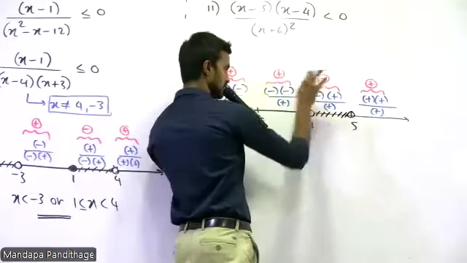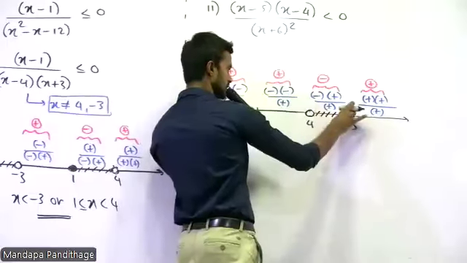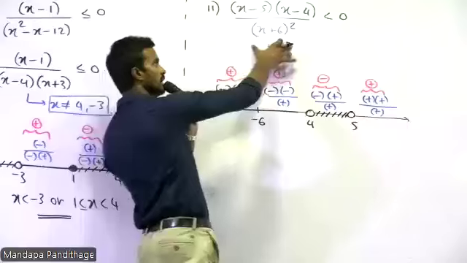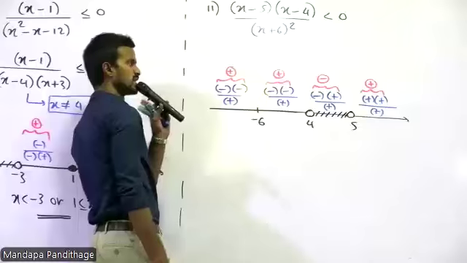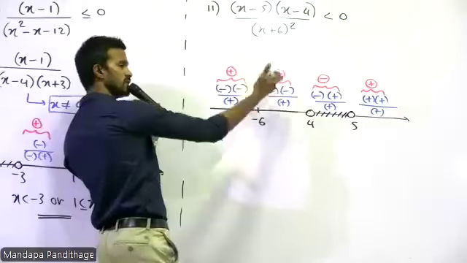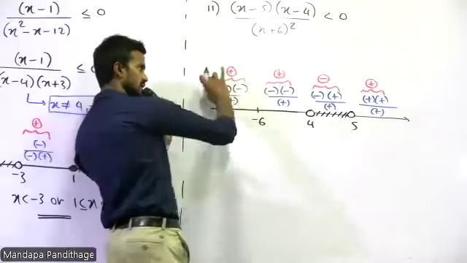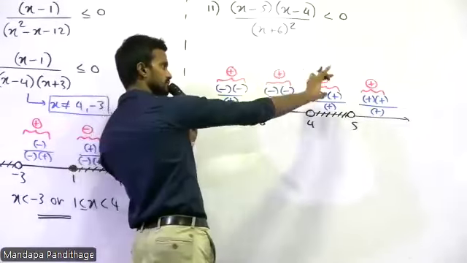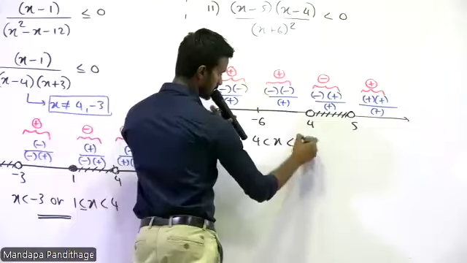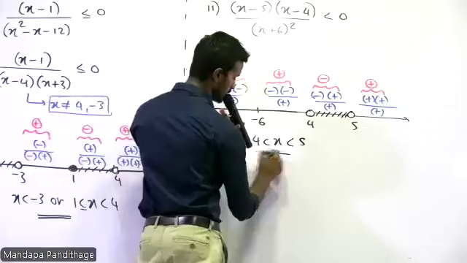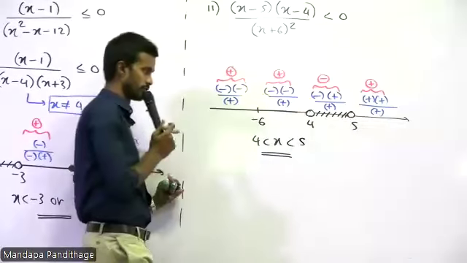When we have a square term, whatever the region we consider, it's plus, so you don't have to consider its sign. Only consider the numerator sign. Then your answer is x is greater than 4, but less than 5. Clear?